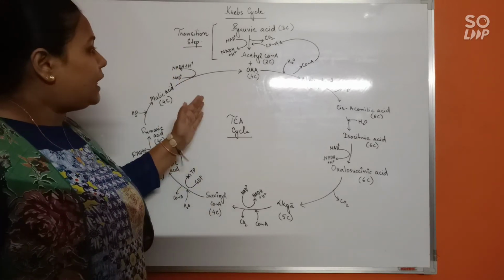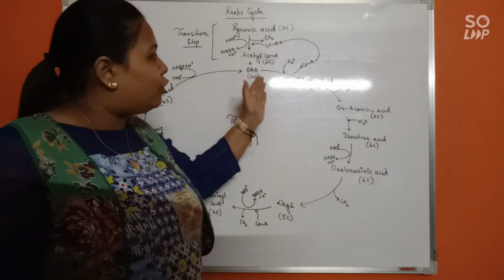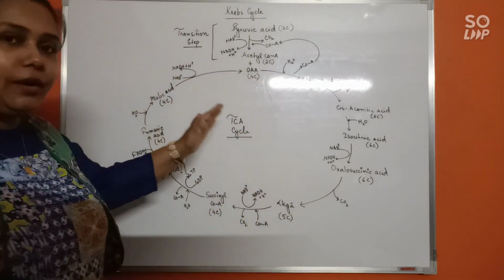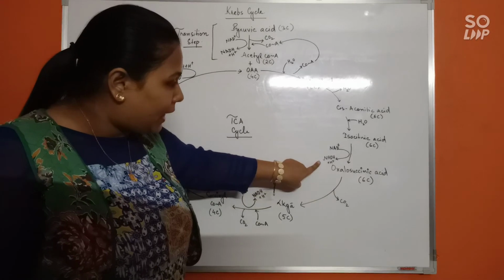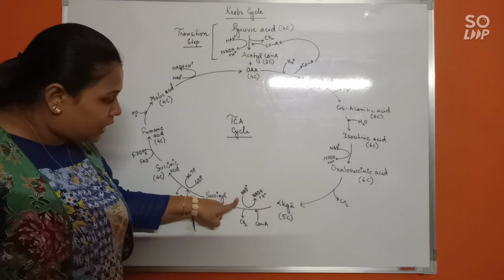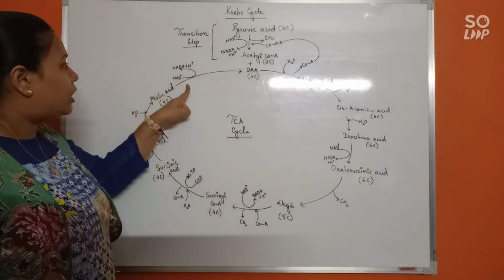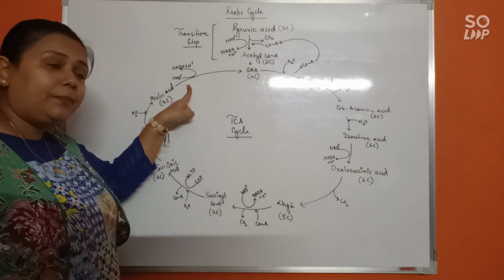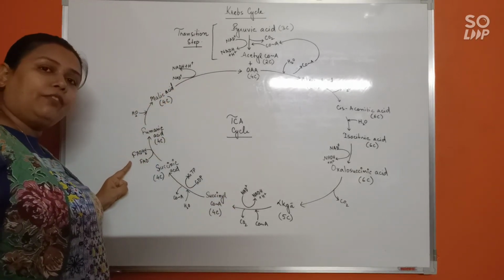So you see, various dehydrogenation steps occur throughout the Krebs cycle. We have this one NADH plus H plus, another NADH plus H plus, this third NADH plus H plus, right? And also we have one FADH2.